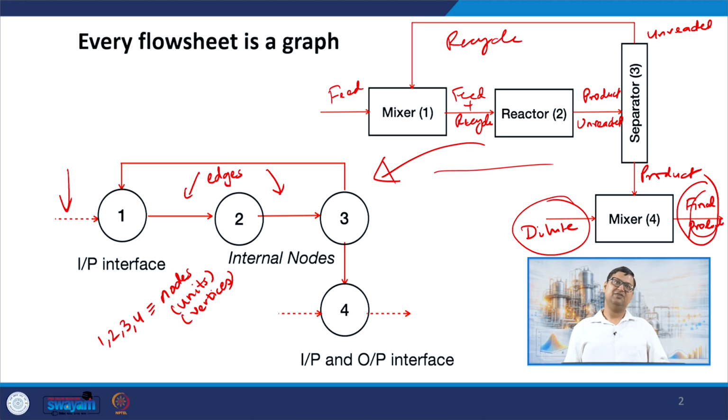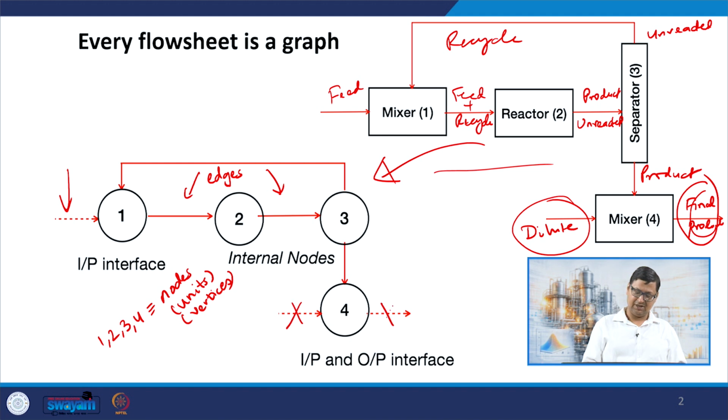And what you will see for most examples I will do, at least in today's class, is that I am not going to worry about the interfaces, because we probably know the feed flow rate, we know the product flow rate, those things are known. We are focusing more on just the things without them, right?